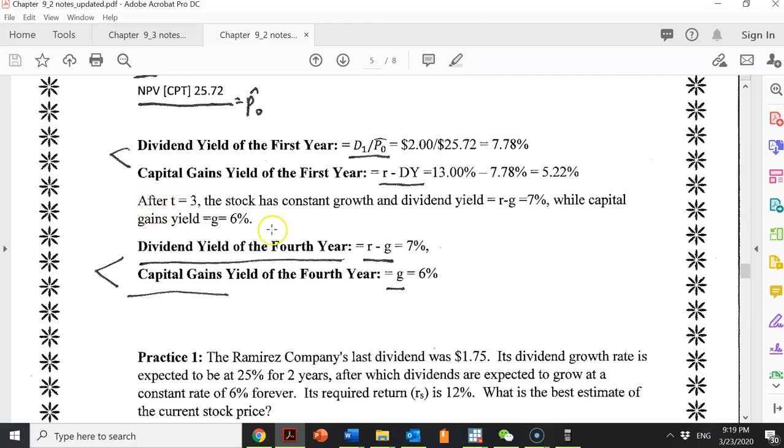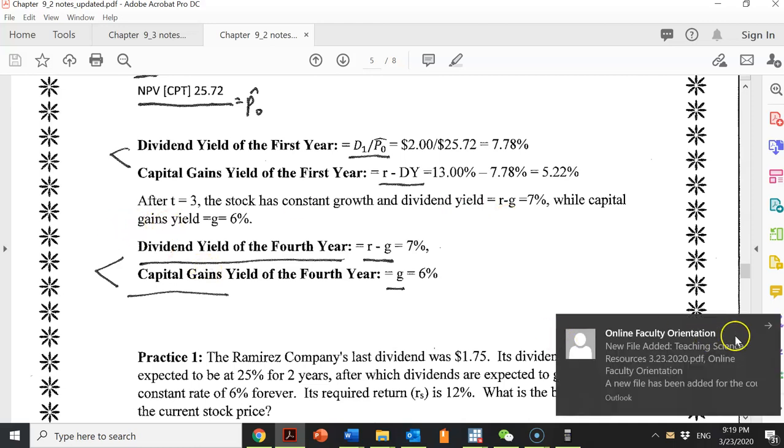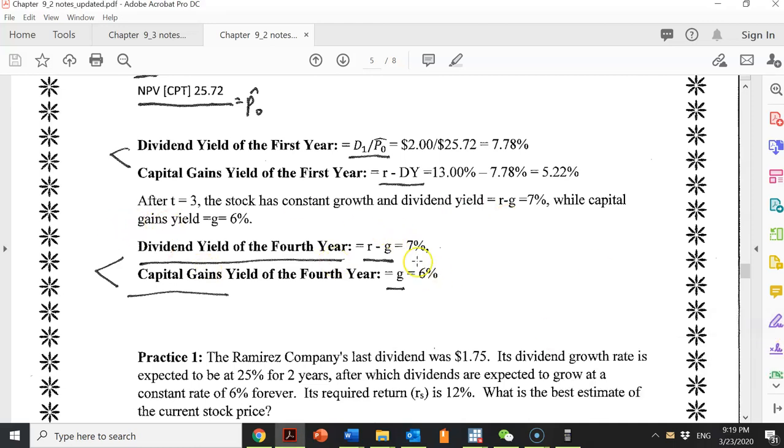After 3 years, it's in the constant growth model setting, so dividend yield becomes R minus G, and capital gains yield equals G. So in the fourth year, or in any year after the third year, dividend yield becomes 7% and capital gains yield becomes 6%. So here are two examples of how we address questions with a two-stage constant growth rate, or we could also call it the non-constant growth model.